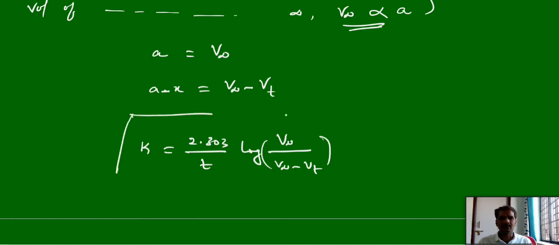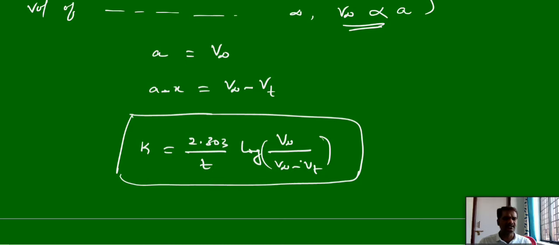And if they give the oxygen gas produced at a time, at initial time there is no oxygen, V0. So at some time t, we have the amount of oxygen produced, and if those values are substituted here, you can identify the rate constant or time. This is with respect to the amount of oxygen collected.